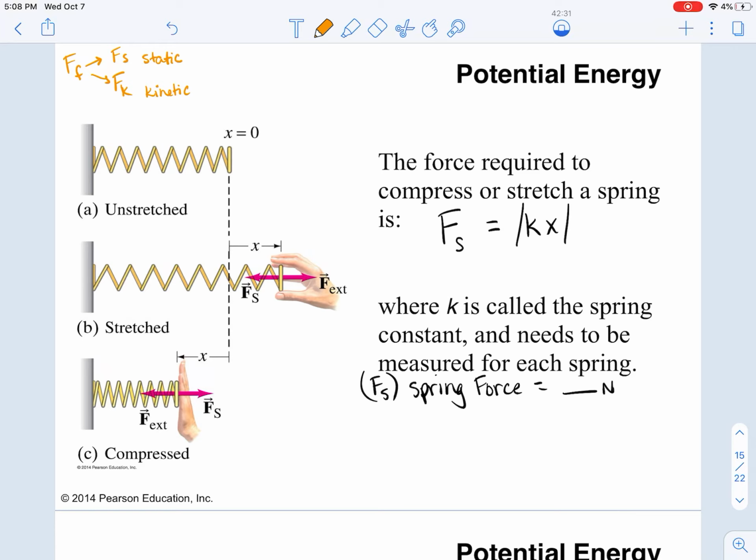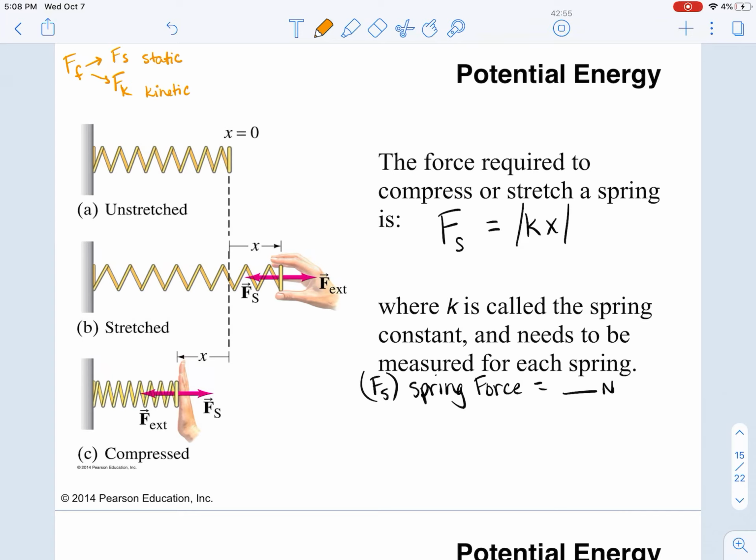And that's the appropriate subscripts. And you guys have seen Fs and Fk in previous formulas, and those are appropriate notations. However, I realize that an F lowercase s and an F capital S kind of look exactly the same. So I don't want you to get confused moving forward.